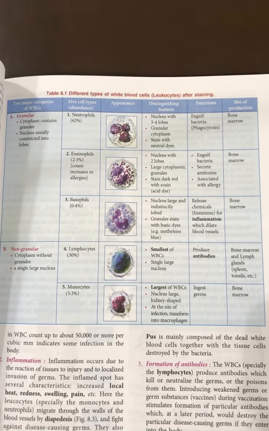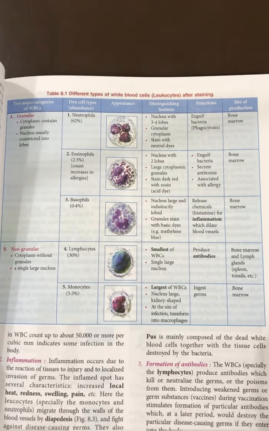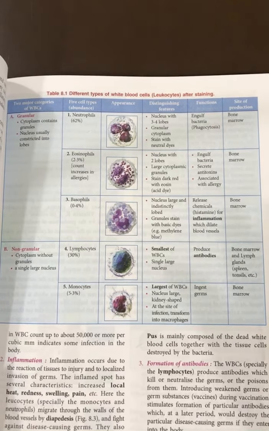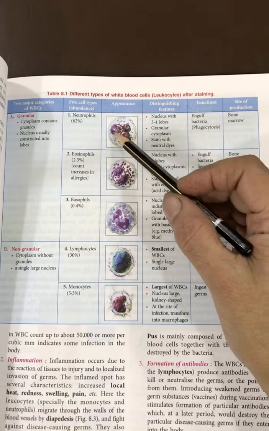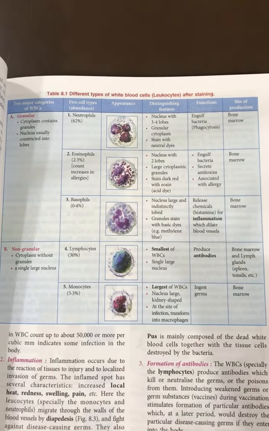Neutrophils are about 62% of the white blood cells, and the nucleus of the neutrophils has 3 to 4 lobes. These are lobes of the nucleus. The cytoplasm is granular and stains with neutral dyes.